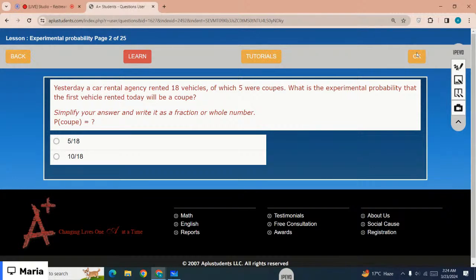Yesterday, a car rental agency rented 18 vehicles, of which 5 were coupes. What is the experimental probability that the next vehicle rented today will be a coupe?